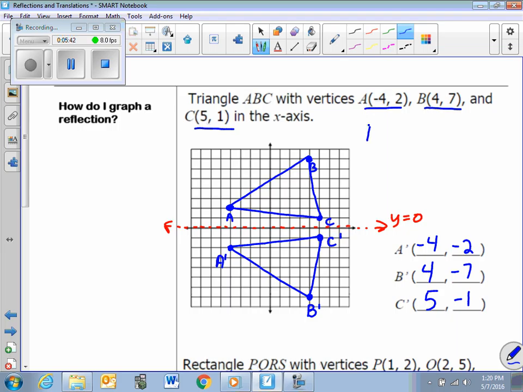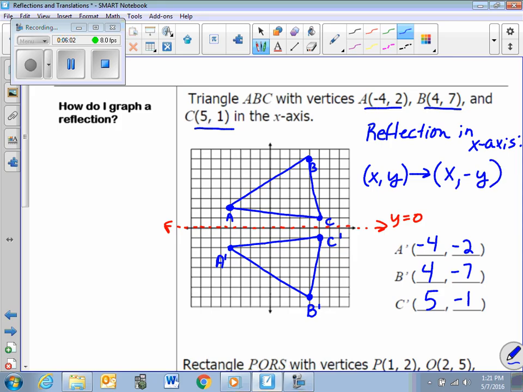So let's write down our little rule here so we don't forget it. Anytime we have a reflection in the x-axis, here's what will happen. The pre-image (x, y) will change to (x, -y). And of course, you know you will be required to memorize all these transformation rules.